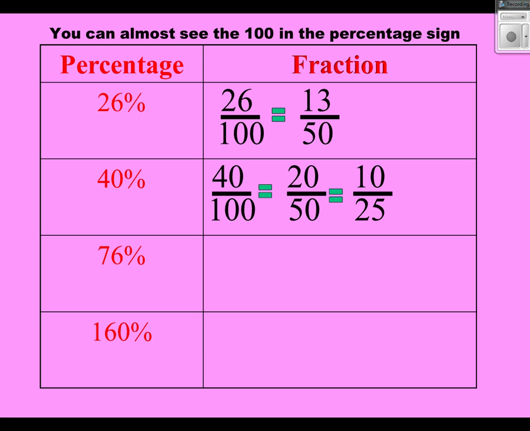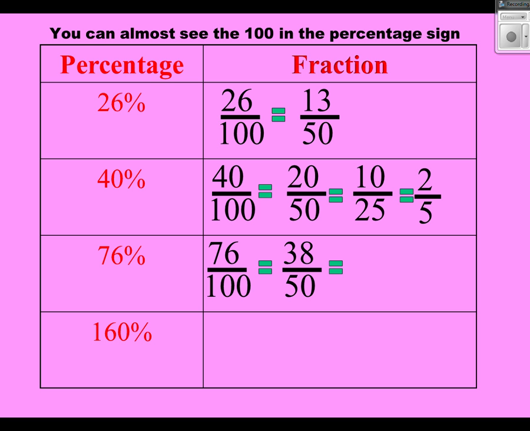So 10 divided by 5 is 2, and 25 divided by 5 is 5. So 2/5. 40% is 2/5. 76%, again, is 76 100ths. Then just keep reducing it by 2 until you get down to simplest form, so 19/25ths.